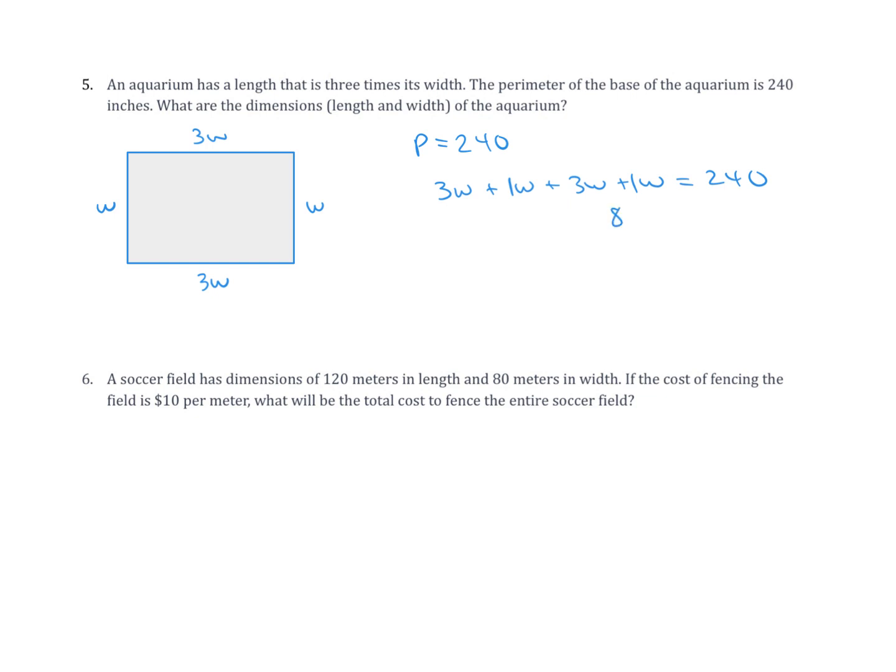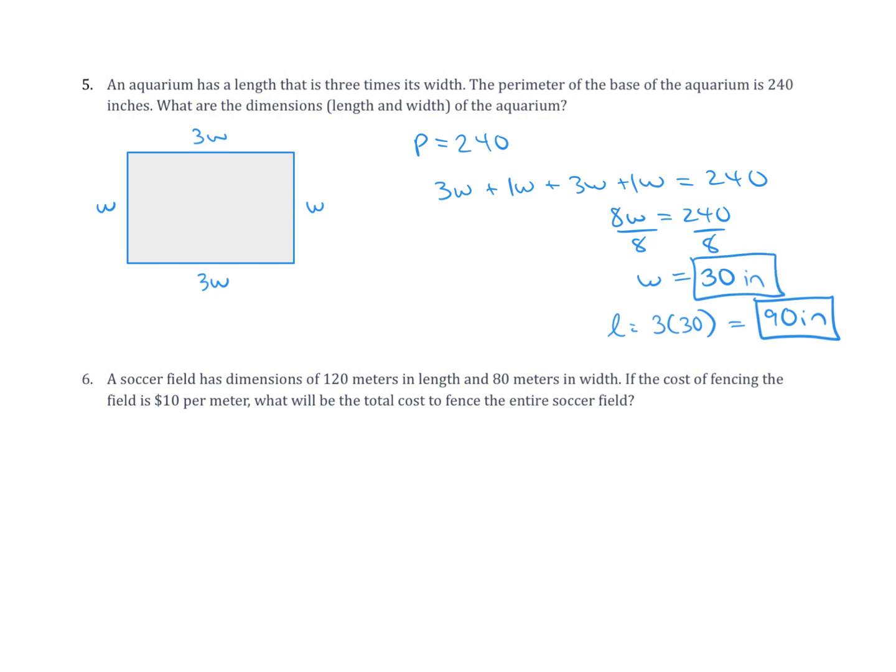So that gives me 8W equals 240. Divide both sides by 8, and we get W equals 30. And that would be my width, 30 inches, and my length is 3 times the width, so 3 times 30 gives us 90 inches. So those would be the dimensions of the aquarium.